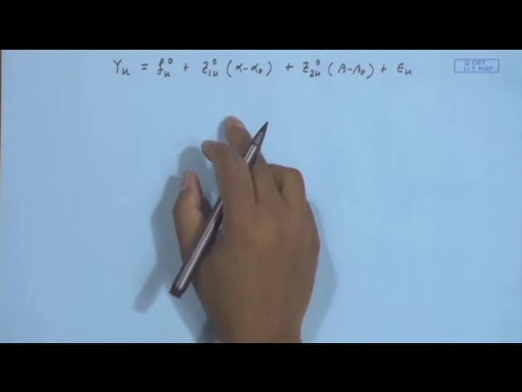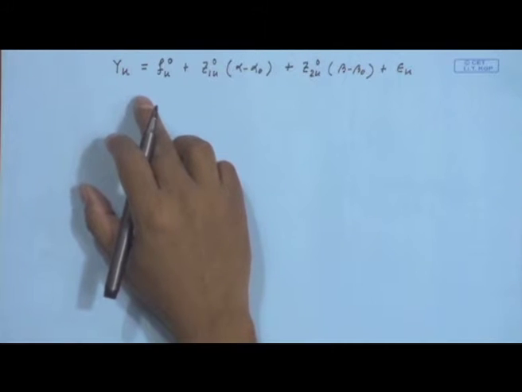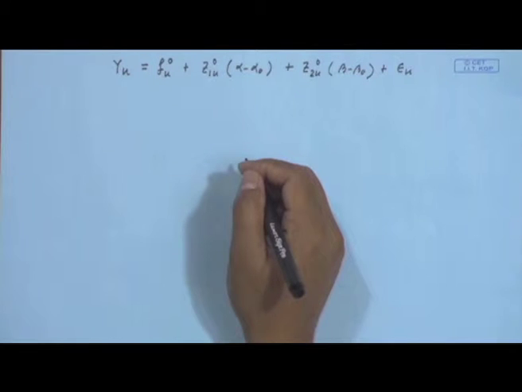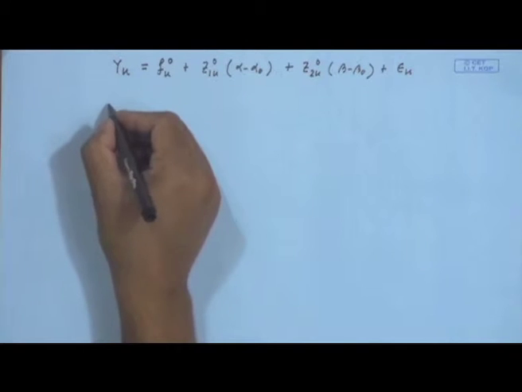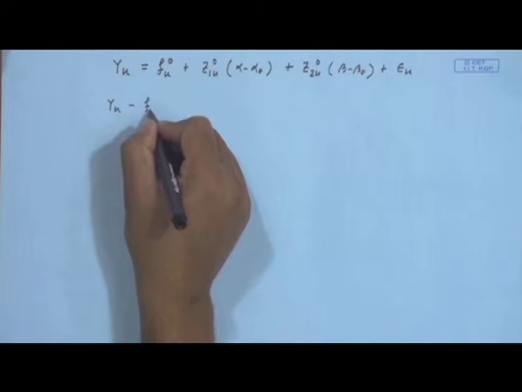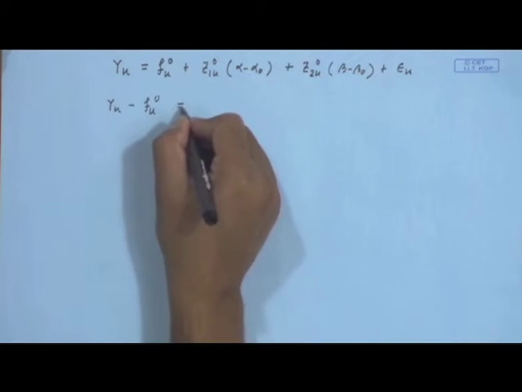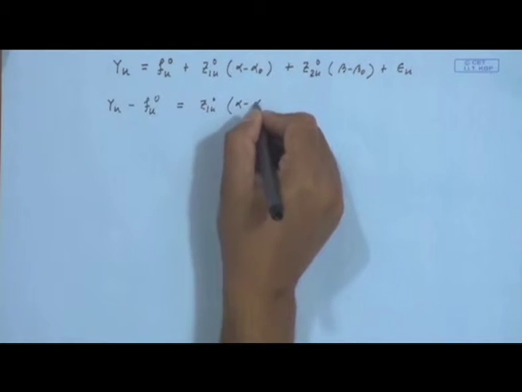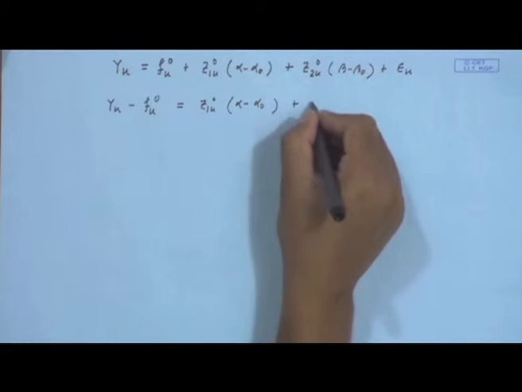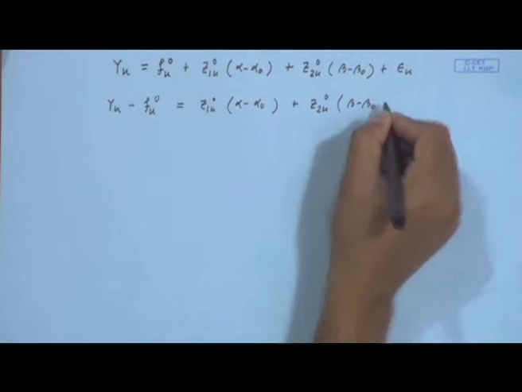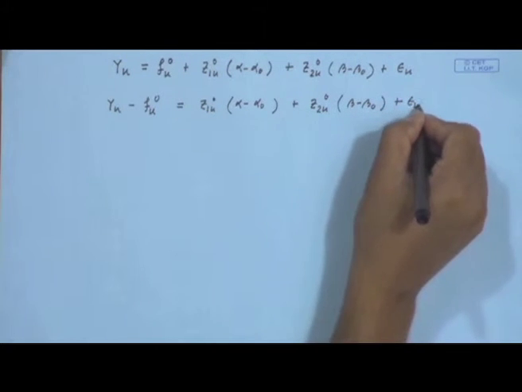So, the original model now becomes a linear model here, and this can be written as Y_u minus f_u0, which is equal to Z_1u0 (alpha minus alpha naught) plus Z_2u0 (beta minus beta naught) plus epsilon_u.